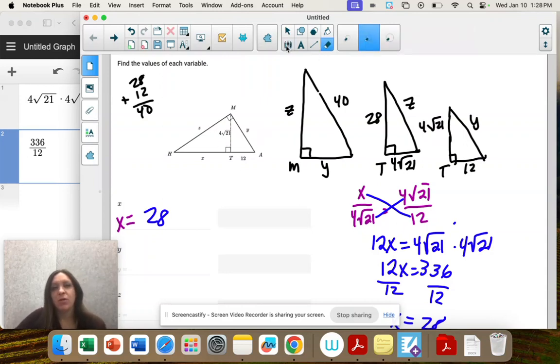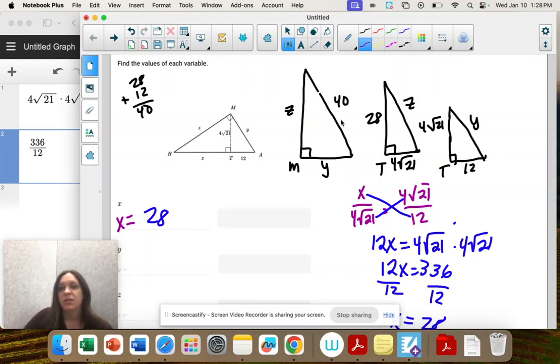So now we want y, and we have these values here again. So now I'm going to use these 2 outer triangles because this middle triangle doesn't have y anywhere in it. So I'm not going to use a triangle that doesn't have y to solve for y. All right, so these outside ones both have y.